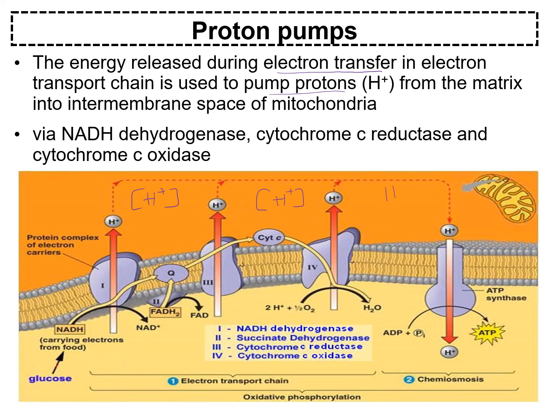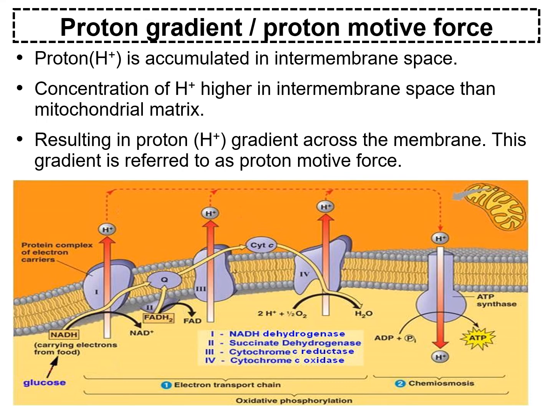So the increasing of the hydrogen ion concentration in the intermembrane space will induce a movement of hydrogen ion back into the matrix of mitochondria. Because proton is accumulated in the intermembrane space, the concentration is higher, causing proton gradient across the membrane. This is called the proton motive force, the proton gradient.